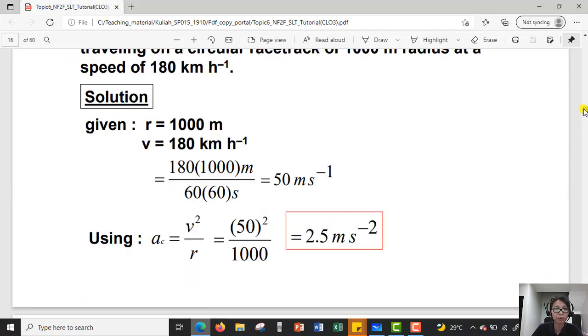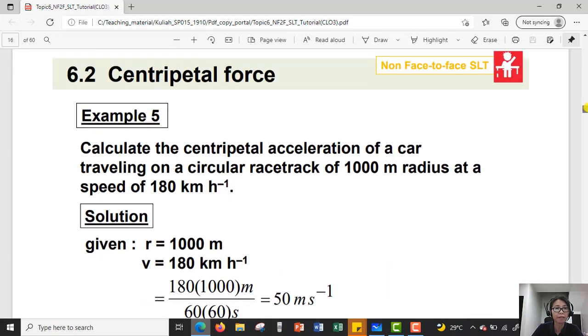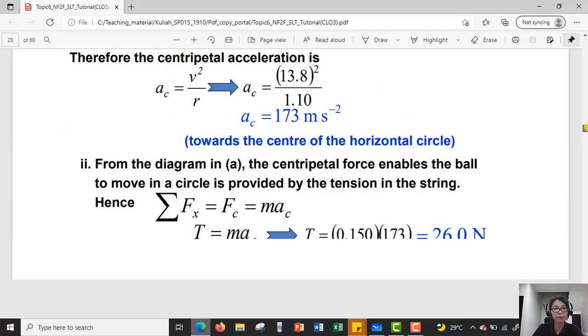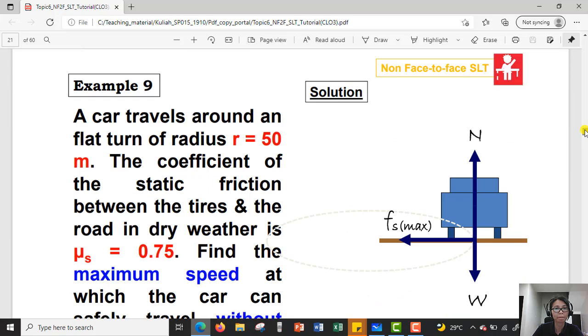You might refer to example 5, example 6, and also example 9. This example 9 will be quite similar to question 5 in your tutorial.